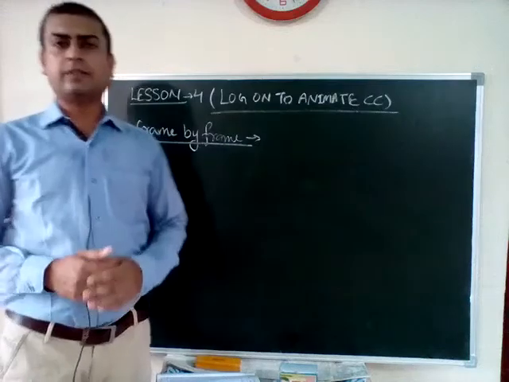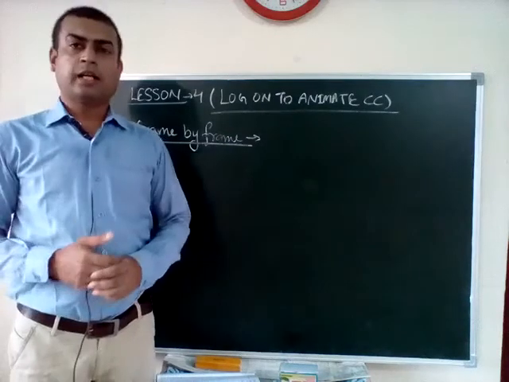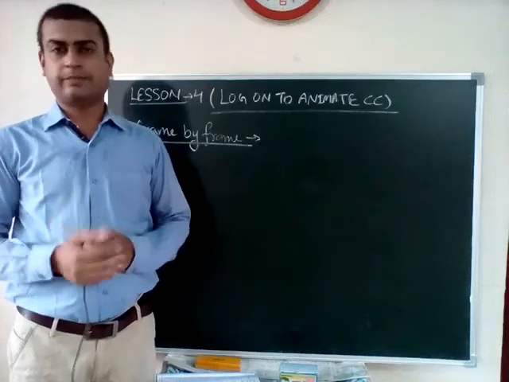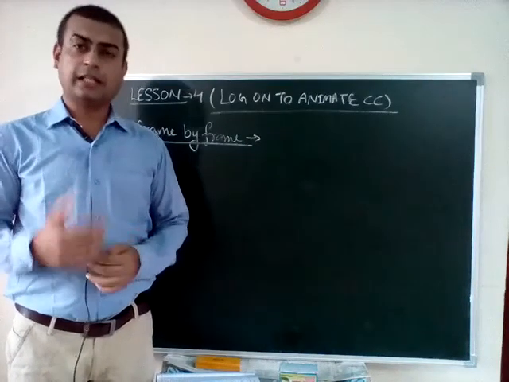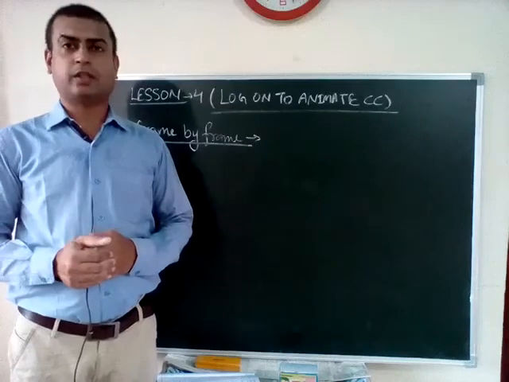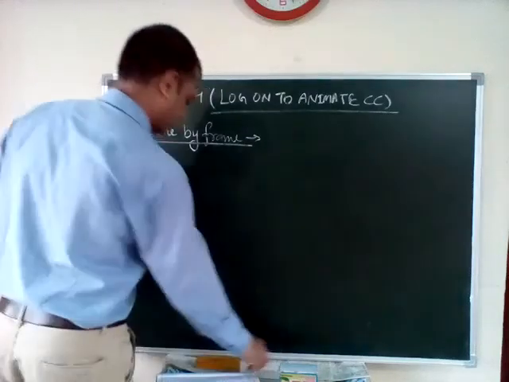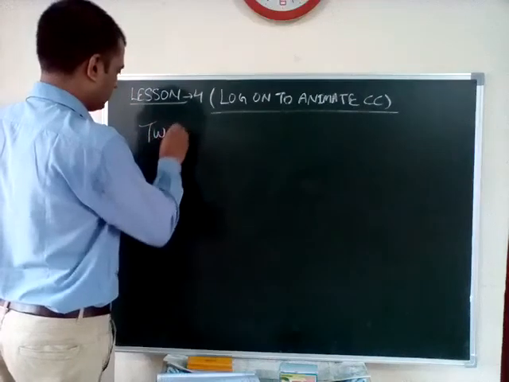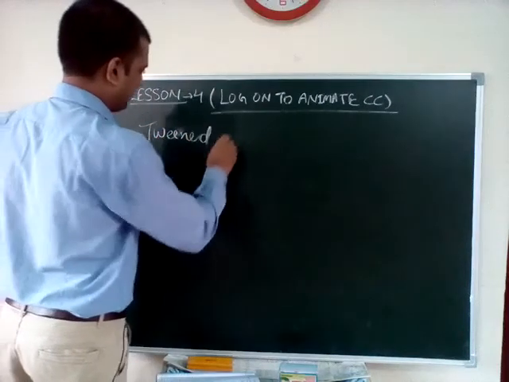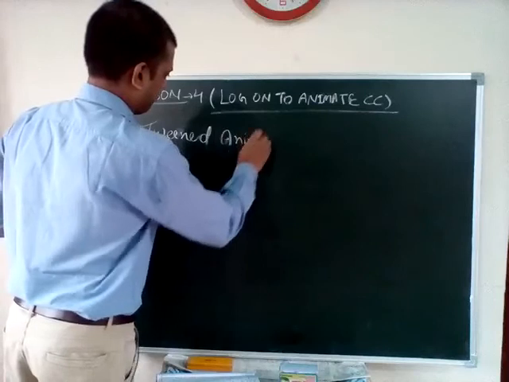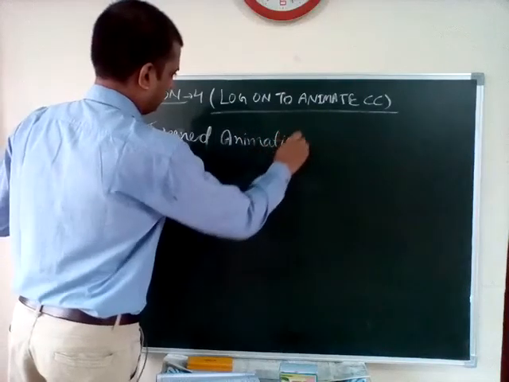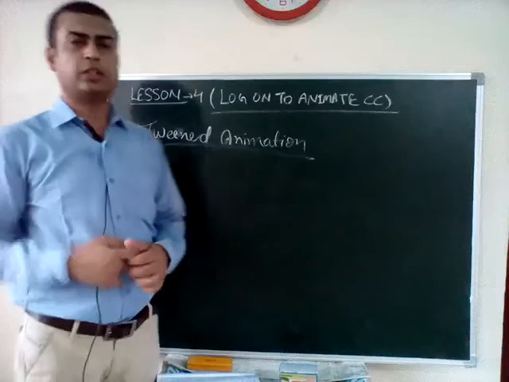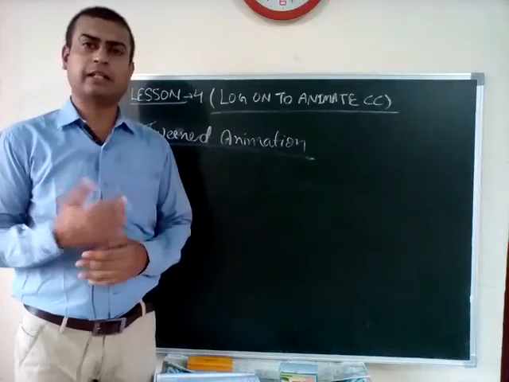Now students, in frame by frame animation we are using frames and we have to insert the keyframes again and again. But the second type of animation is tweened animation. In tweened animation we are not using the keyframe again and again.